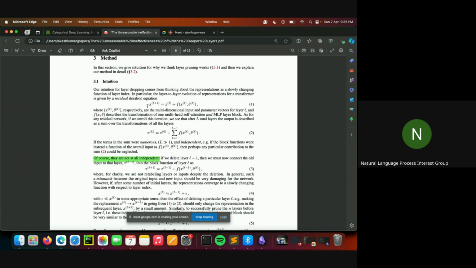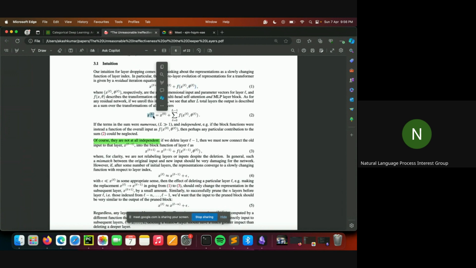So the mathematical notation here is straightforward. Basically, the input to the layer L plus 1 is the input to the layer L, because of the skip connection, plus whatever happens to the inputs when we pass it through the parameters of that particular layer L. So f of this, this function, denotes whatever output we get after passing it through a self attention head and an MLP layer.